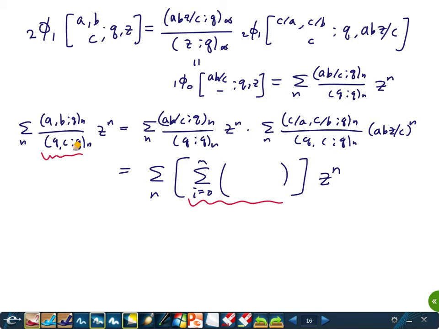This turns out to be another hypergeometric series, 3 phi 2, and that becomes a theorem like this. This is a 3 phi 2 identity. It's called the q-Saalschütz summation formula.